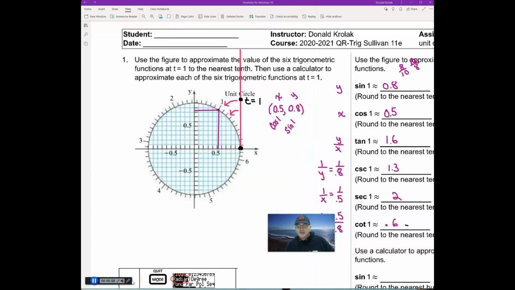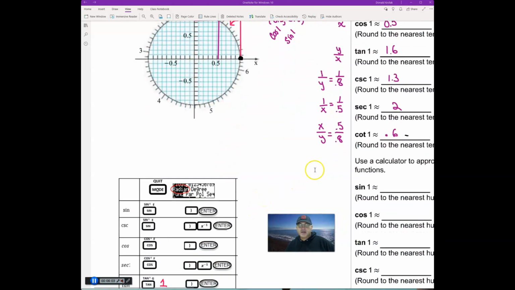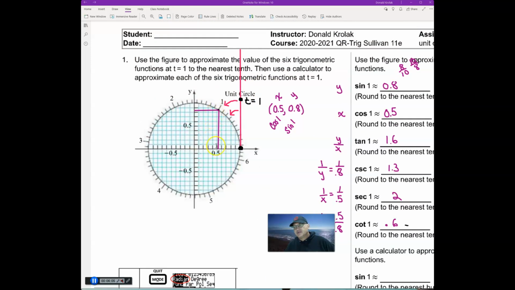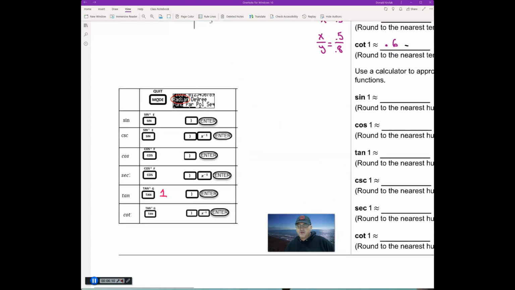The second part of this lesson is you're doing the exact same thing, but now you're using your calculator to give us these coordinates. And it'll be a little bit more accurate than what you did when you were just eyeballing it.